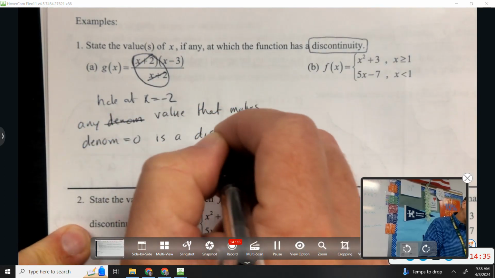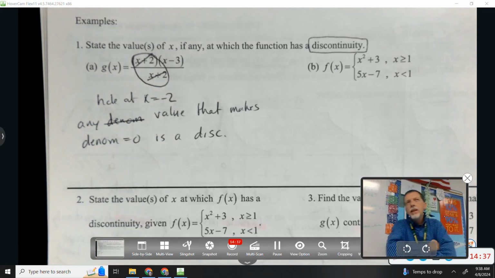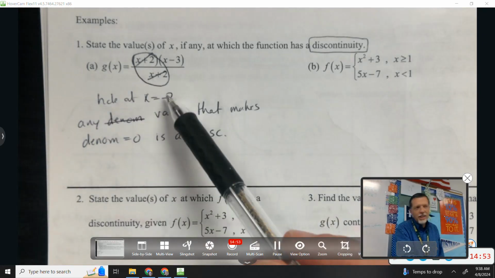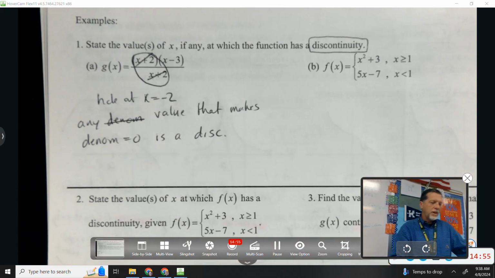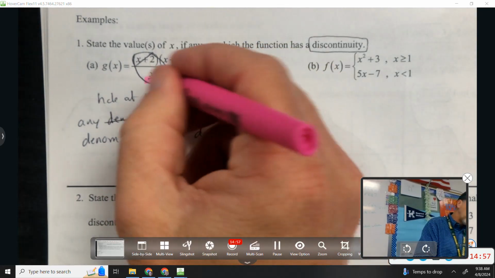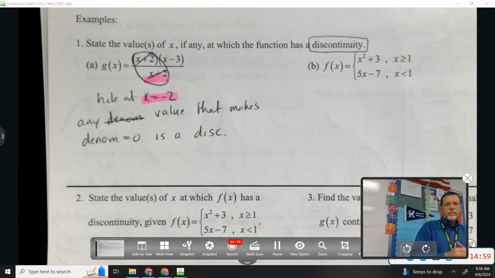Any value that makes the denominator 0 is a discontinuity. If it cancels, it's a hole. If it doesn't cancel, it's a vertical asymptote. But either way, it's a discontinuity. So the way this question is asked, we didn't really even care if it canceled or not. There's a factor in the bottom, so that's a problem. We got a little more specific than we needed to.